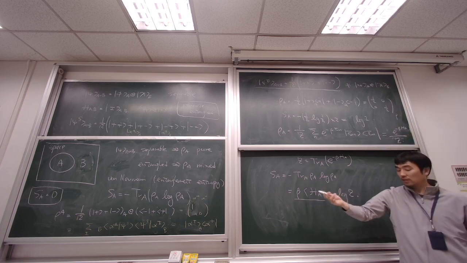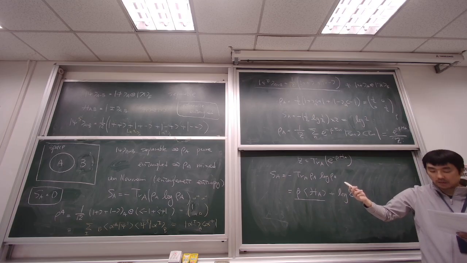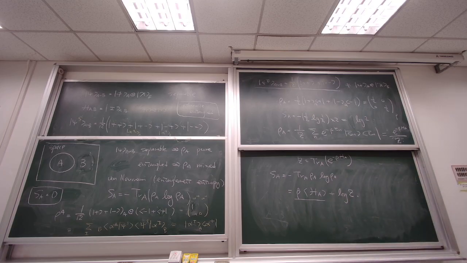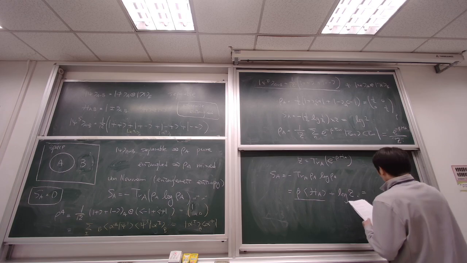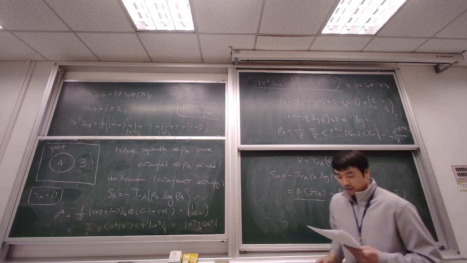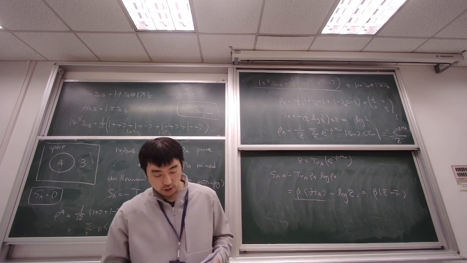And if you take the appropriate sign, it should be okay. So then this one is equal to beta times E minus F.